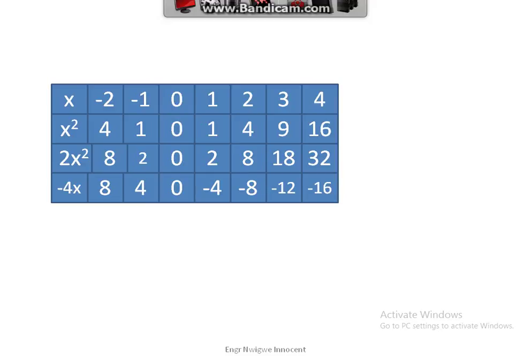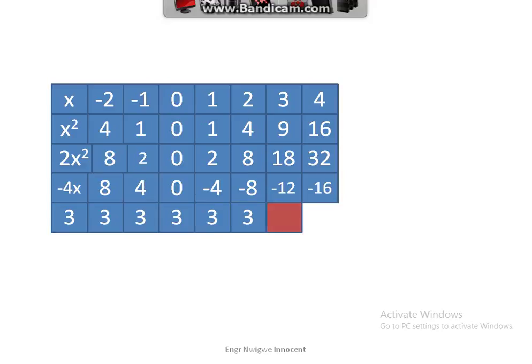We have a constant of plus 3 for the last column. Since we are looking for the equation y equals 2x squared minus 4x plus 3, our 2x squared is 8, our minus 4x is 8, and our 3 is there, plus 3.